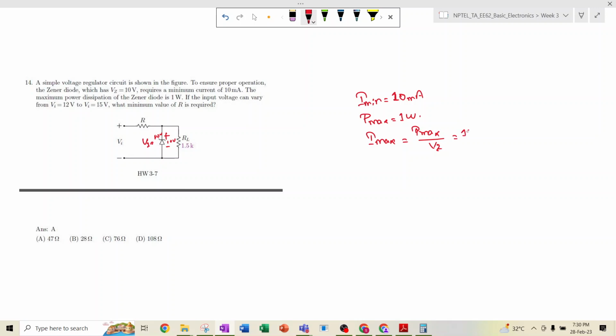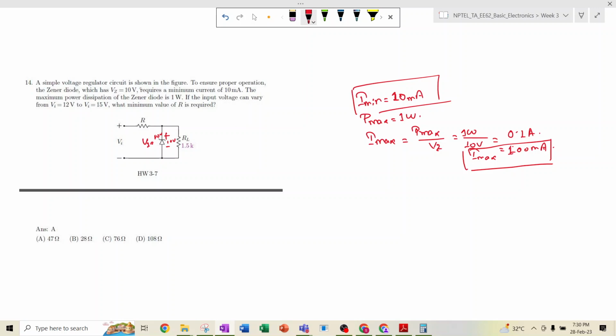So this is 1 watt divided by Vz, that is 10 volt, that means 0.1 ampere, which we can refer to as 100 milliampere. So the minimum current required is 10 milliampere, and the maximum current is 100 milliampere.